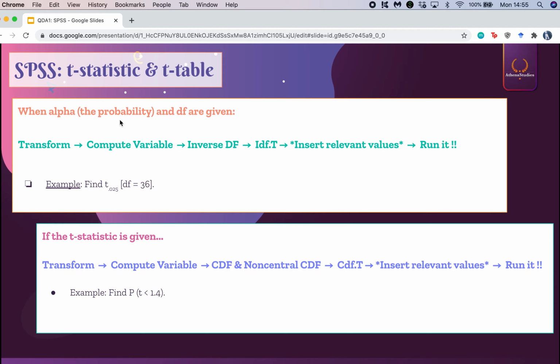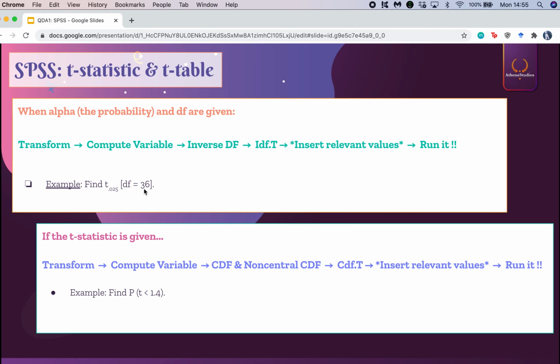When the alpha and the degrees of freedom are given, these are the steps that you need to take. Because alpha represents the probability of a t distribution, when they ask us to find t of 0.025, given these degrees of freedom, they've given us the probability, but we're trying to find the t value that matches this probability.